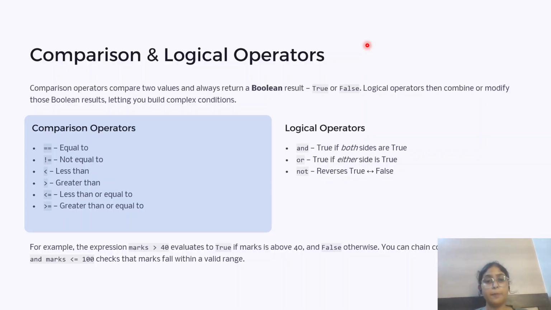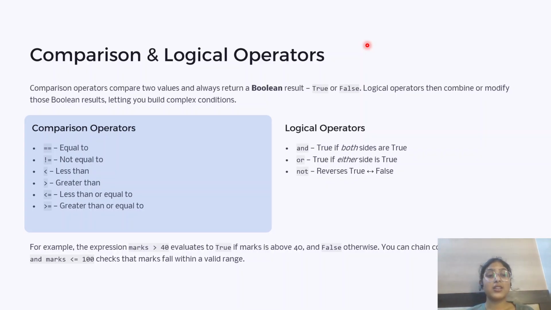another important category. Imagine you are creating an online exam portal. You need to answer questions like, has the student passed? Is the age greater than 18? Is the password correct? Or is the stock available? Can arithmetic operators answer these? No, they cannot.